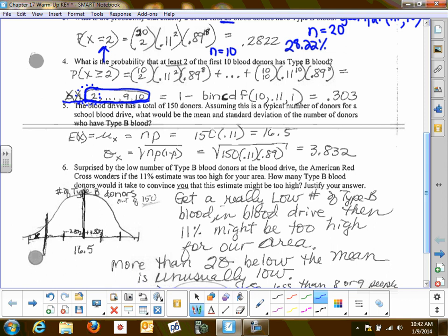Then what you are writing is the formula, because that has to be your work. So you're saying, let the type B blood donors be those that are greater than or equal to 2. And I don't want to have to write the formula for 2 and 3 and 4 and 5 all the way up to 10.